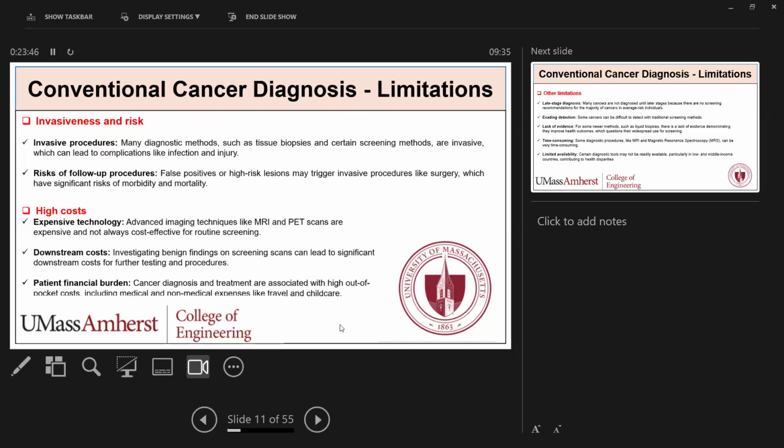And as I mentioned, invasiveness, right? Most cancer diagnosis methods are invasive, like tissue biopsies and certain screening methods, which can lead to complications like infection and injury. Exactly. When they are trying to do some biopsy, the surrounding area cells will also be affected, right? So if there is some infection, it's not that easy.